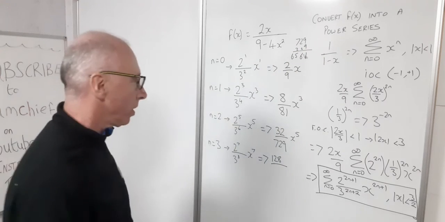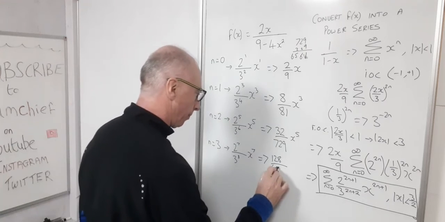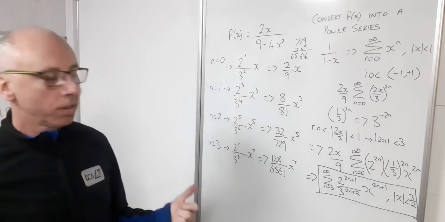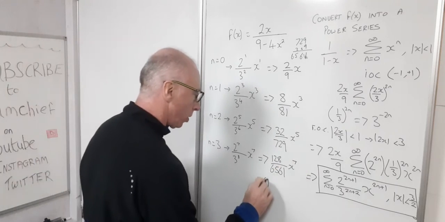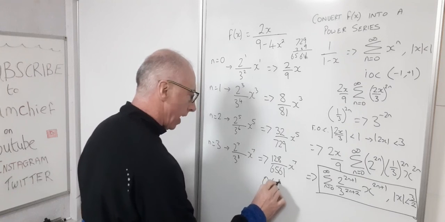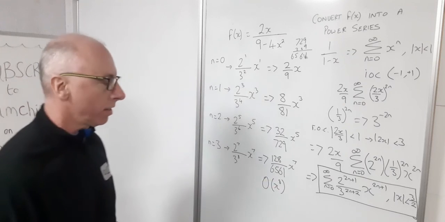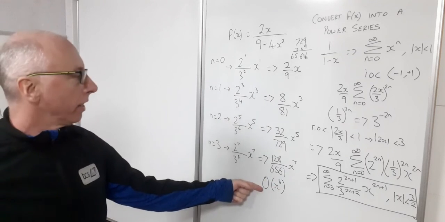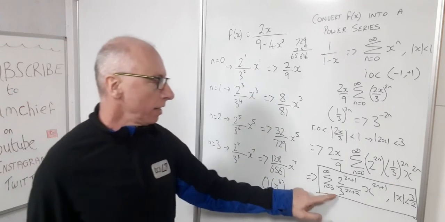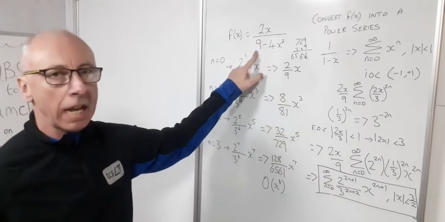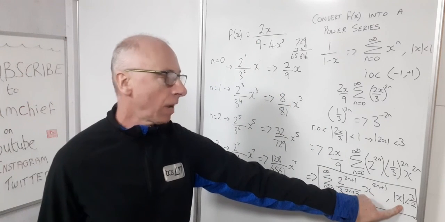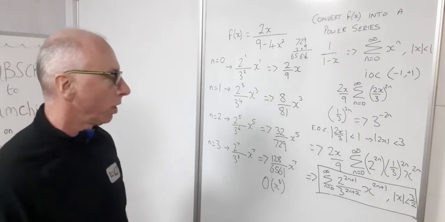So that's 6561. And then x to the 7. And so on. Just for good measure, x to the 8 will be our next term. So that is my first terms of the series, and this is my representation as a power series with my radius of convergence: absolute value of x is less than 3 over 2.